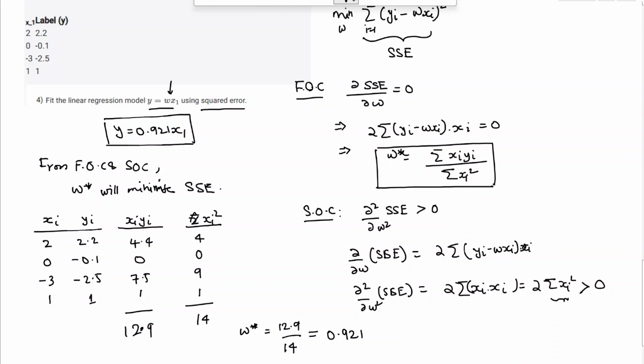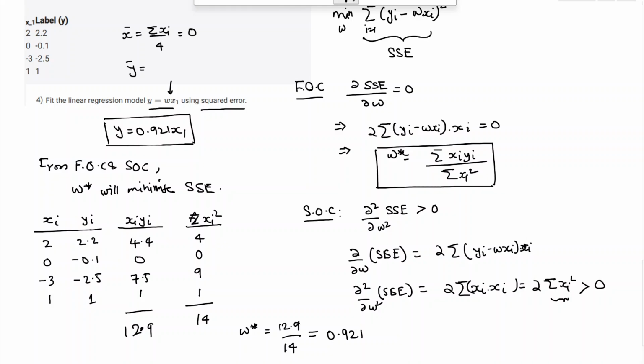Now one thing to be observed is that we are assuming that this model does not have an intercept. Let us simply compute what x bar looks like. x bar is nothing but the summation of xi divided by 4, which is equal to 0.